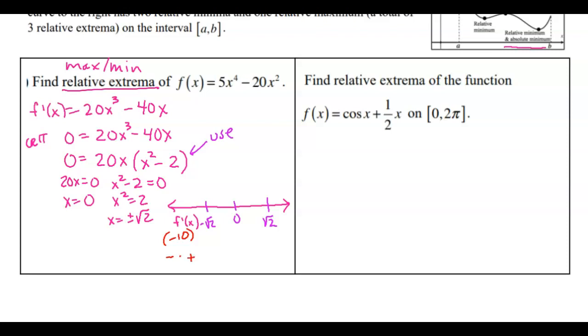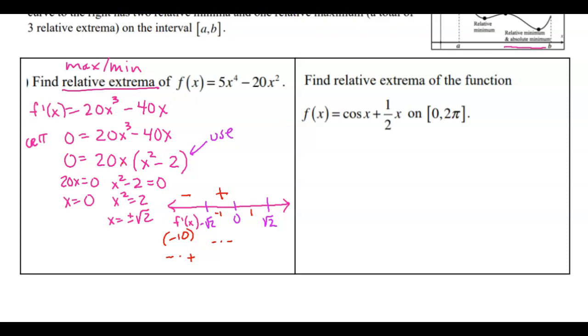So negative times positive is negative. Then I have to pick any number between negative root 2 and 0. Well, I know root 1, which is smaller than root 2, is 1. So that's what I'm going to pick. So negative 1. So negative times, well, negative 1 squared is 1. 1 minus 2 is negative. So a negative times a negative is a positive.